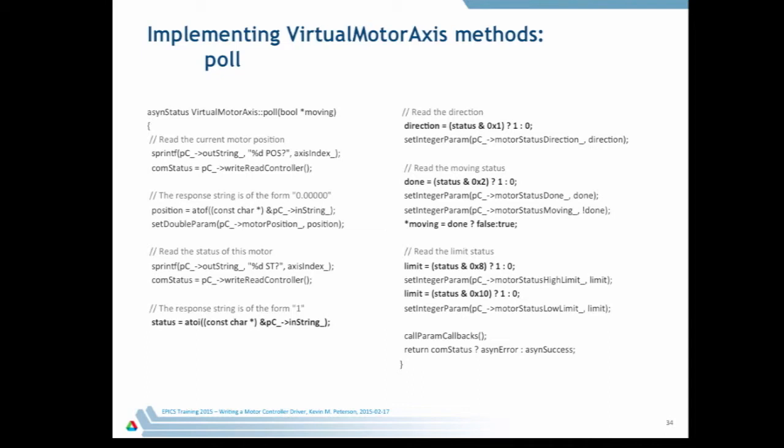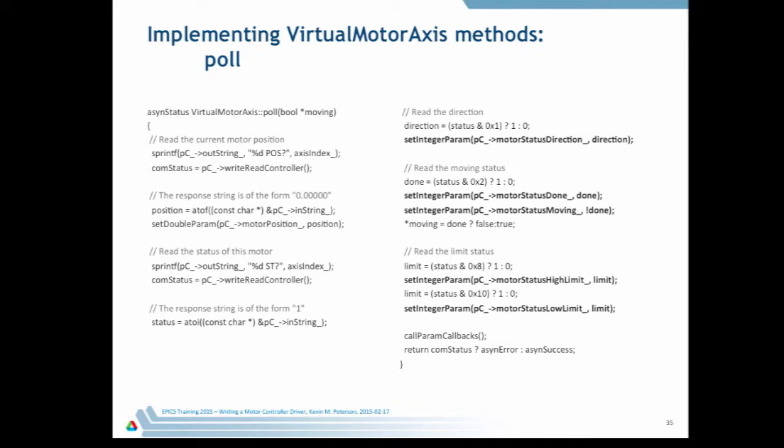It's your job to know, based on the controller's documentation, what the bits mean and set the appropriate parameters so that the motor controller's status can be set properly. The most important of these are motor status done and motor status moving. You can leave off the limits. You can even leave off the direction, although that might throw off limit stuff, but probably not. But you can't ignore done. The motor will not behave properly unless it knows when it's done.